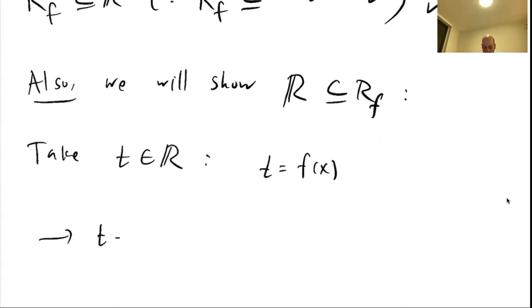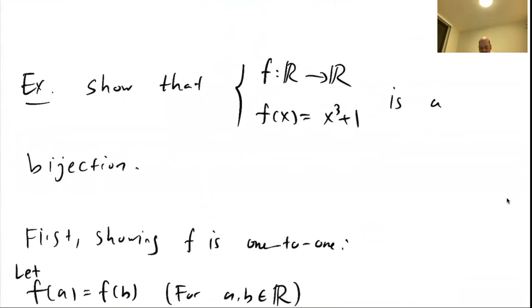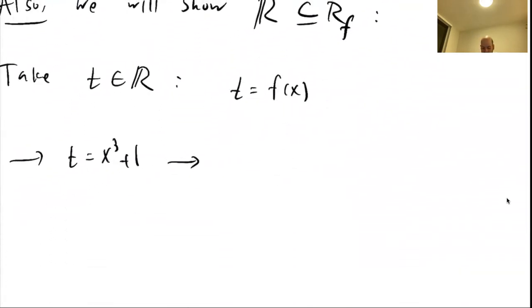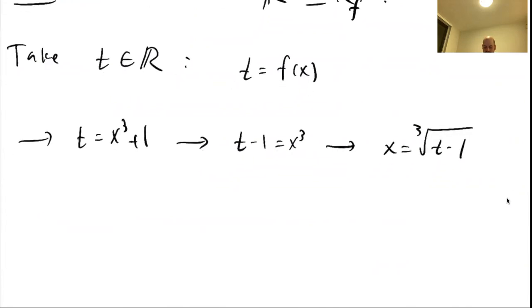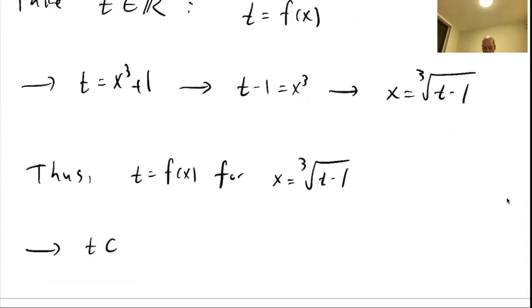That gives t equals x cubed plus 1. f of x equals x cubed plus 1. So that means t minus 1 is equal to x cubed. And that means x is equal to cube root of t minus 1. Thus, t is equal to f of x for x equals cube root of t minus 1. So that means t belongs to the range.